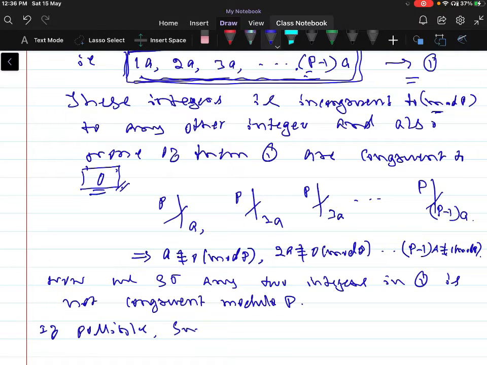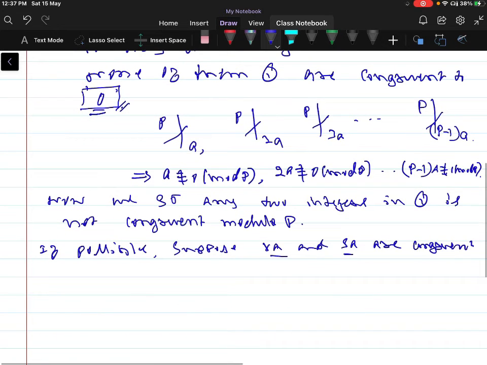If possible, suppose RA and SA are congruent. So RA and SA are between the integers A to P minus 1 into A. Let us assume that RA and SA are congruent.